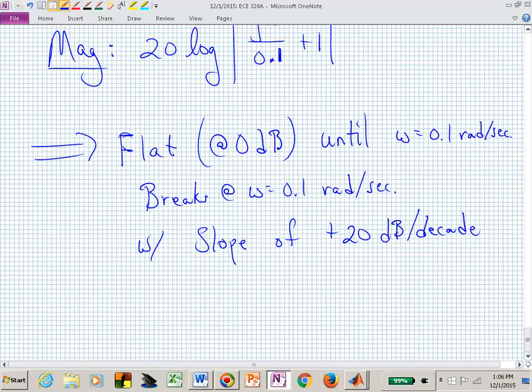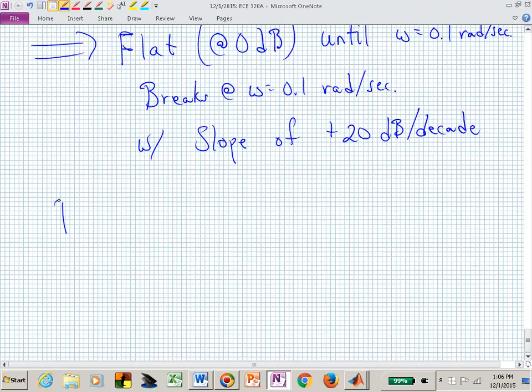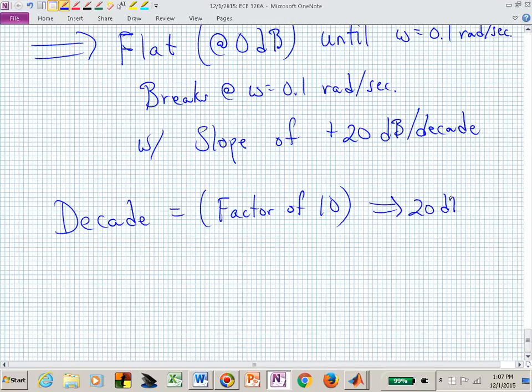And what's a decade? 10 years. Or in this case, it's what we're calling this factor of 10. It gives us our slope of 20 dB per decade. Or if you wanted to subdivide your frequency axis into smaller pieces, then you might look at octaves, which are these factors of 2.